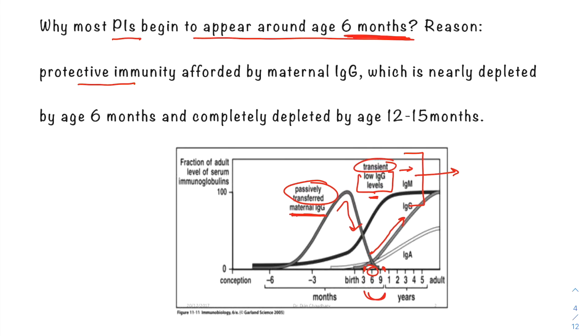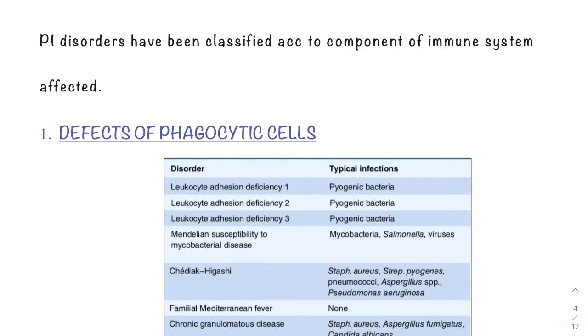So, because of a decrease in maternal IgG levels by 6 months of age, there appears a transient phase of immunodeficiency, and most primary immunodeficiencies also begin to manifest at this age, around 6 months. The primary immunodeficiency disorders are classified according to the component of the immune system that is affected.